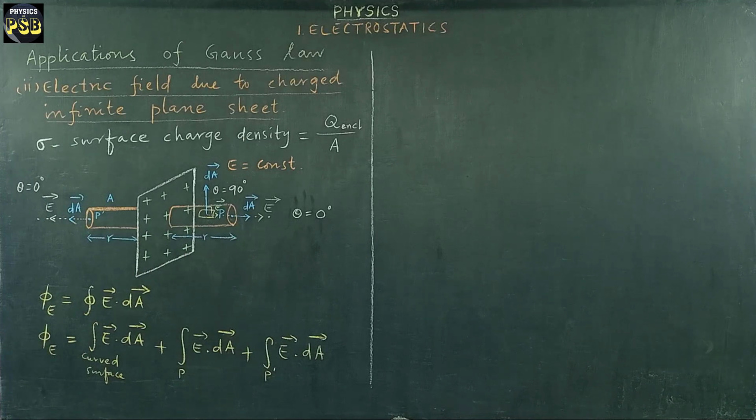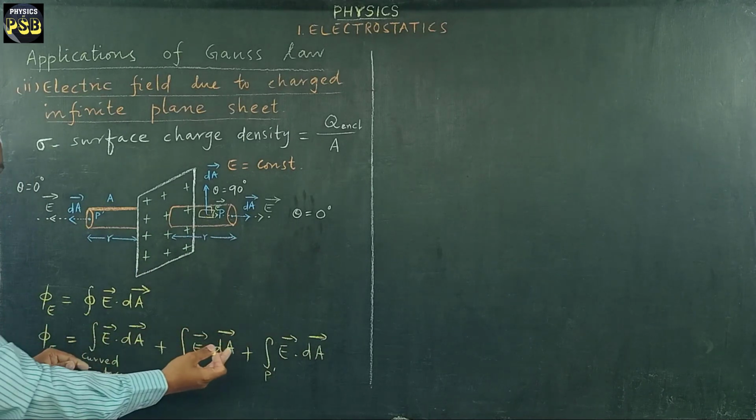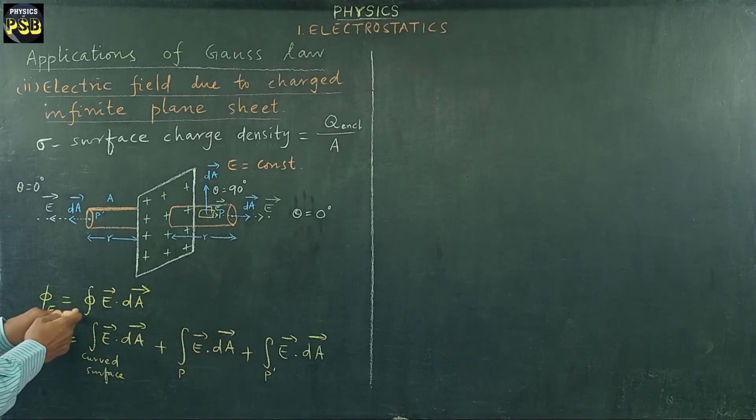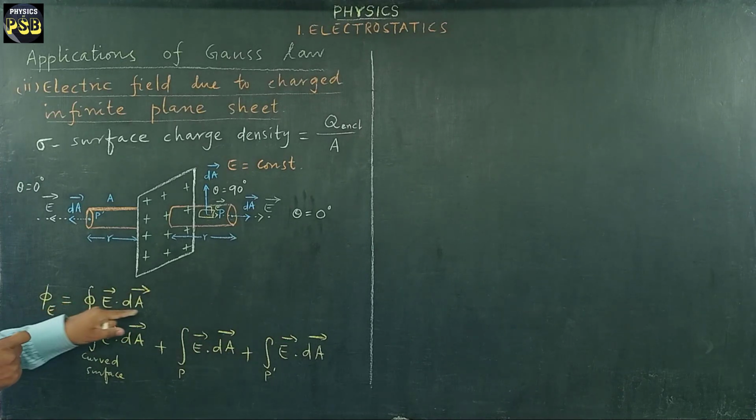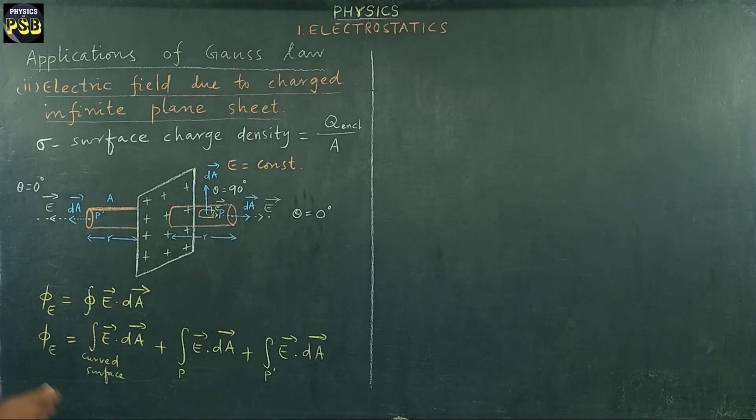We have these three parts which combined provide us the closed integral, and in turn it gives us electric flux.